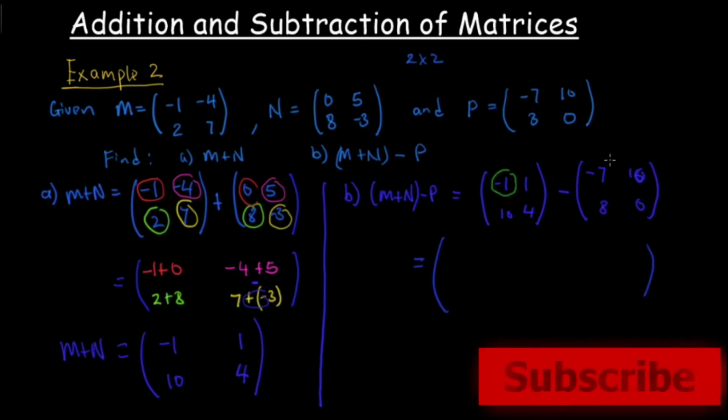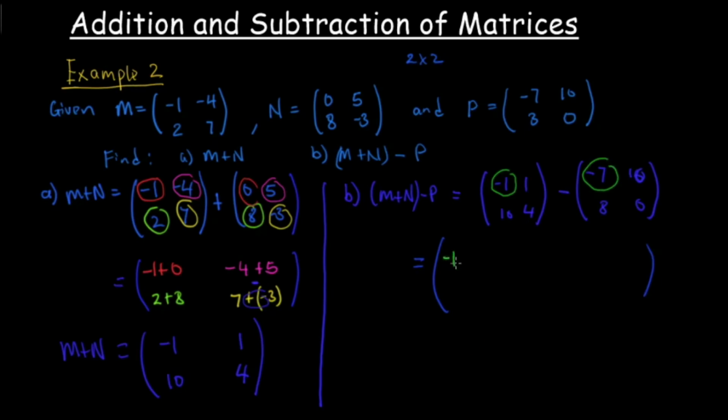Negative 1 and negative 7 would be corresponding. So negative 1 minus negative 7, we have positive 1 and a positive 10. So 1 minus 10. We have a 10 and an 8. So 10 minus 8. And we have a 4 minus a 0.